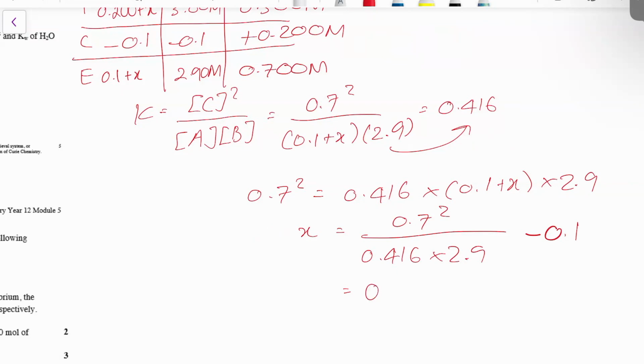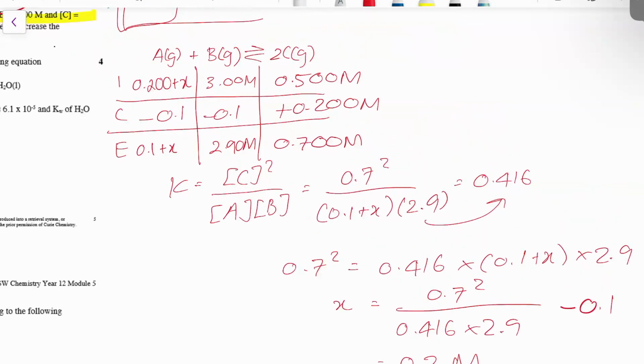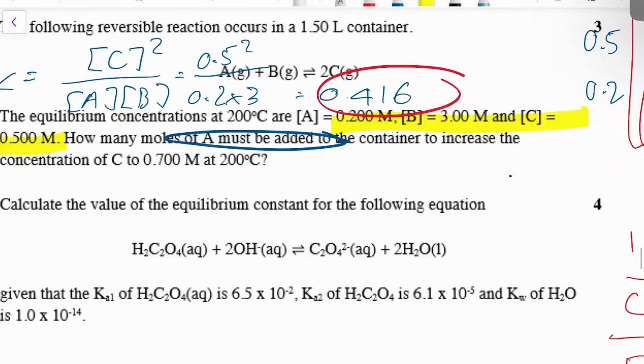0.3. 0.3 molar because we subbed concentration into our ICE table. The only issue is that the question doesn't ask you for the concentration of A added. The question asks you for moles of A added. How do I go from concentration to moles? Concentration times volume. Yes, and they gave you the volume at the start. We hadn't looked at that number because we didn't need it yet.